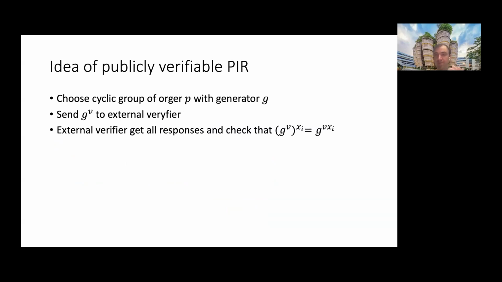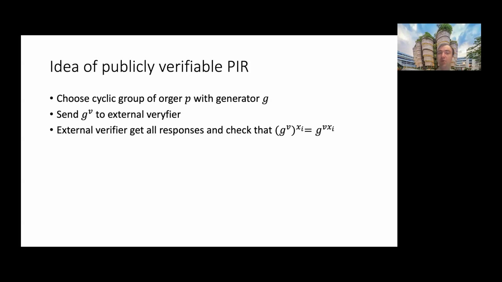So here we have a parameter v, and parameter v is held in secret by the client. However, in some cases we need to outsource the process of checking the correctness of file retrieval.